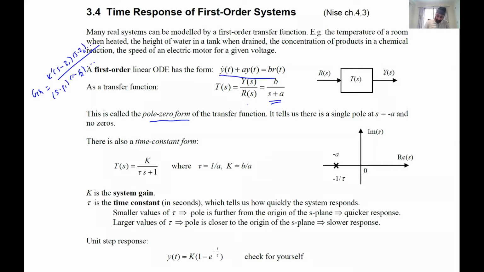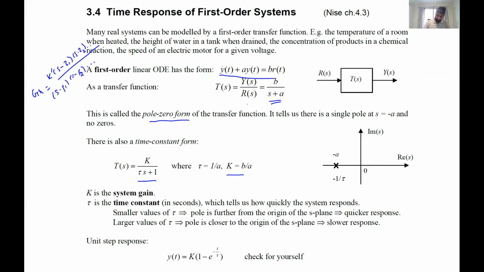Alternatively, we can also express the transfer function in a form which is referred to as a time constant form. In this case, we can rearrange the terms to write the transfer function as K over tau s plus 1. If we compare it with the pole zero form above, we find that the time constant is nothing but 1 over a, and K, the constant in the numerator, is b divided by a.